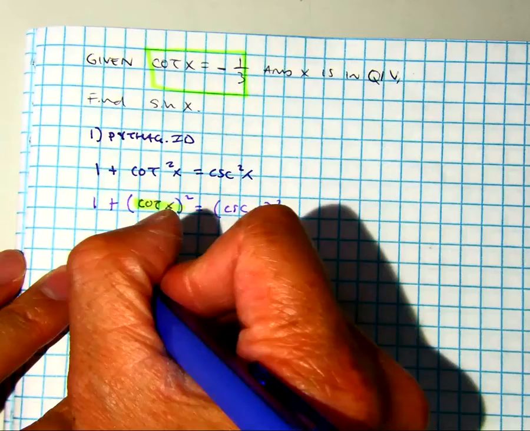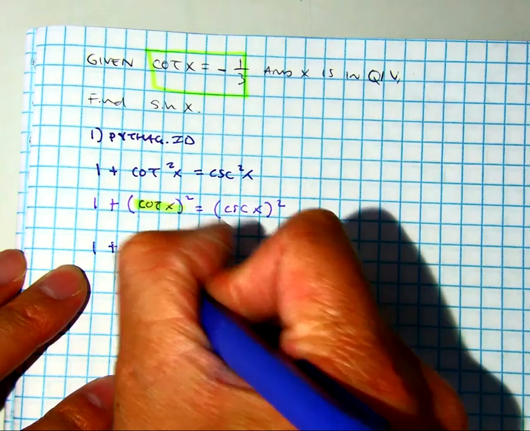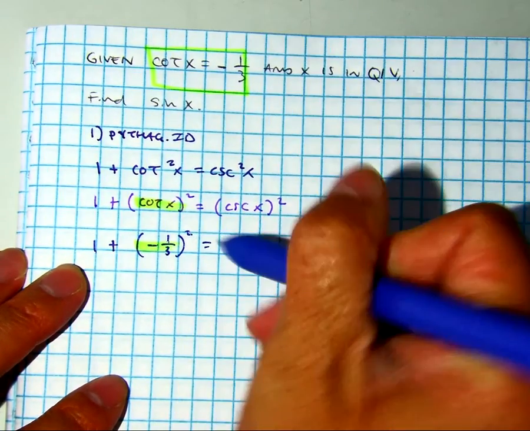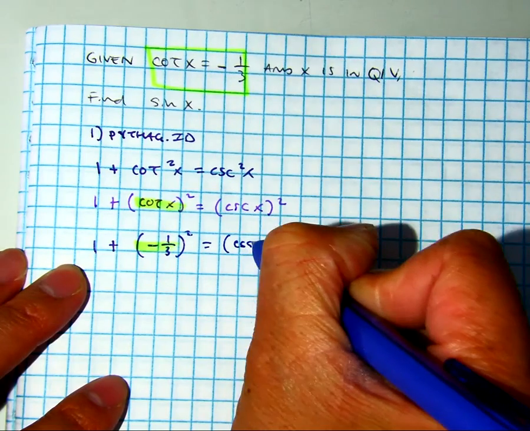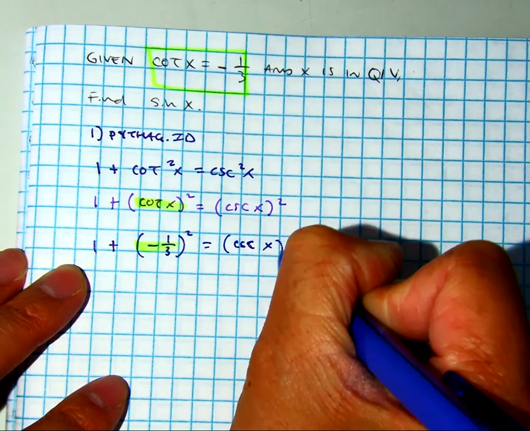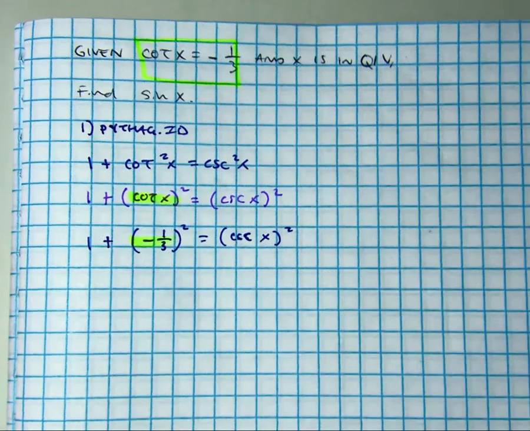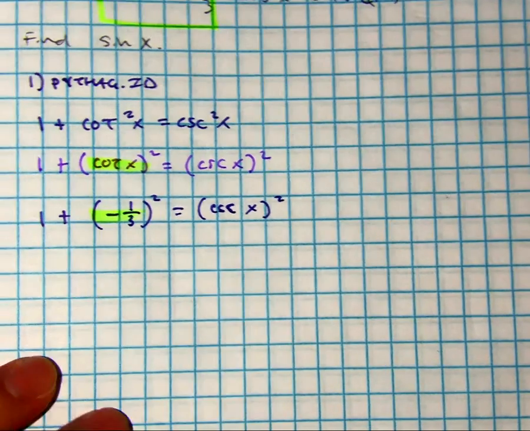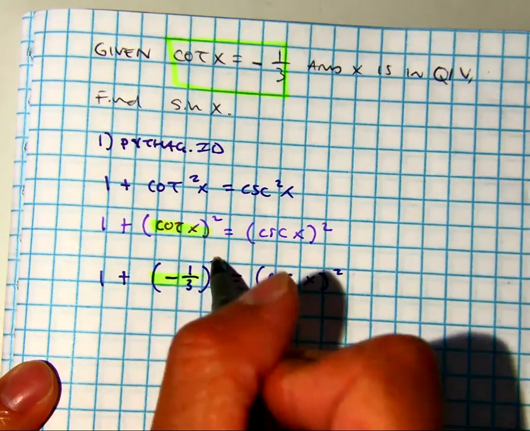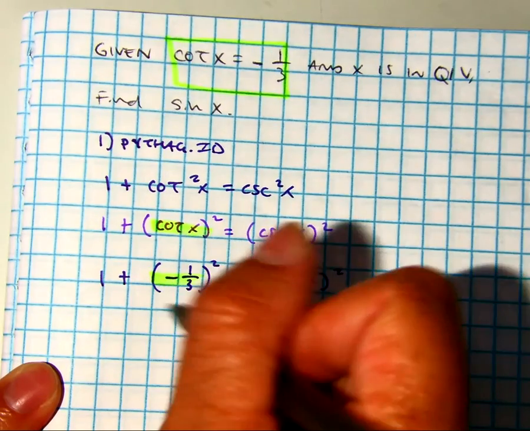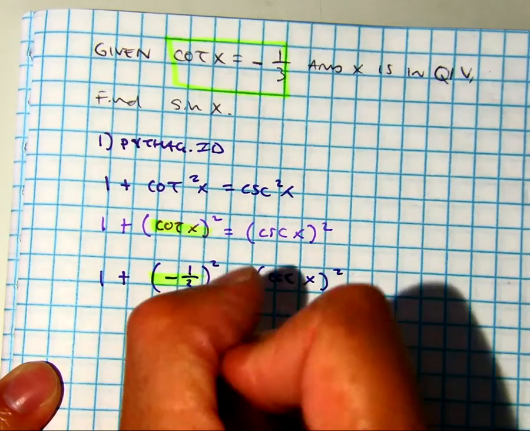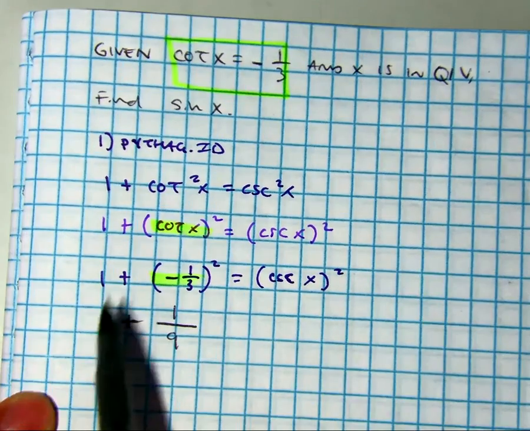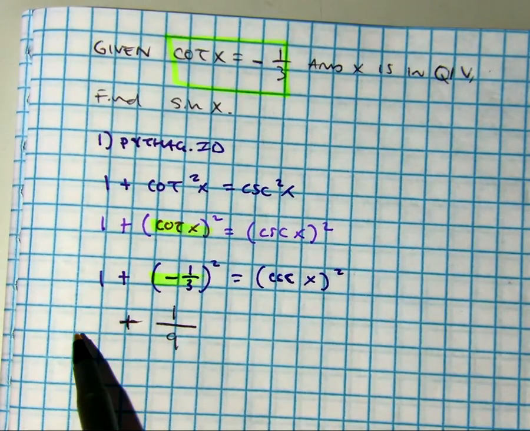So now I have 1 plus negative 1/3 squared equals cosecant x squared. This means negative 1/3 times negative 1/3, which is a positive 1/9. And I don't want to put a 1 here because I want to eventually add them.